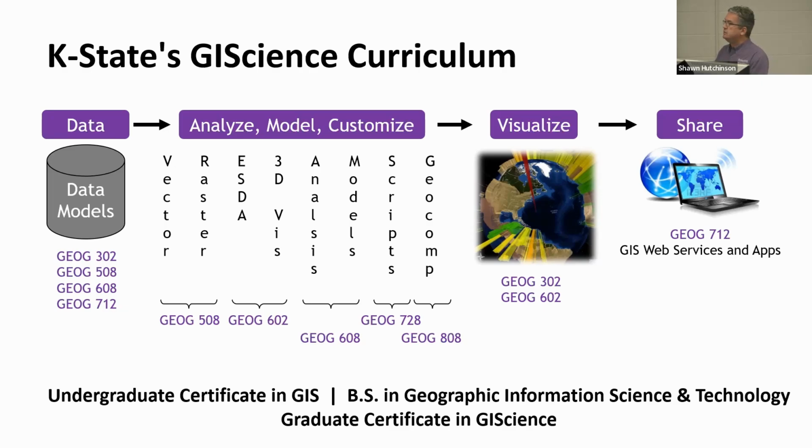Geography 302 is cartography and thematic mapping, a strongly recommended prerequisite for Geography 508, which is Geographic Information Systems 1.